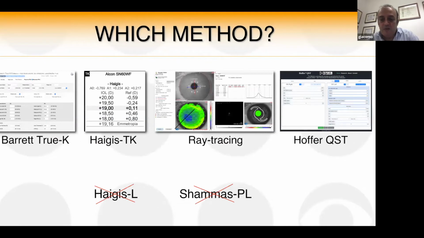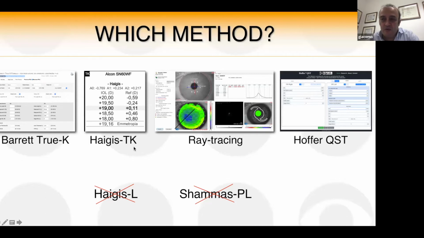But there are now some better methods, or at least, I cannot say better, easier, because you don't have to spend time on Excel. And these are the Barrett True-K, which is not my favorite, although I usually take a look at it. Haigis total keratometry, which is the combination of the regular Haigis, not the Haigis-L, and total keratometry by the IOLMaster 700.